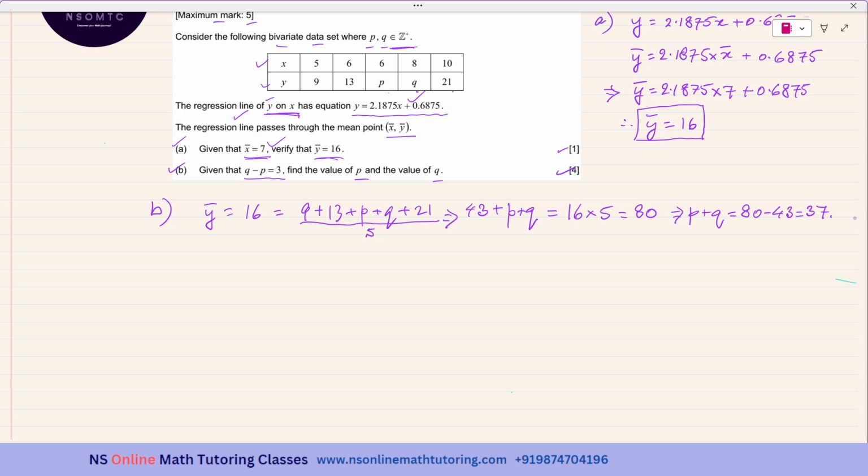You can use your calculator, but you may save some time if you can do the trivial additions and subtractions orally. So this is the first equation. And there is another information given to us: Q minus P is equal to 3. Equation number 2 given.